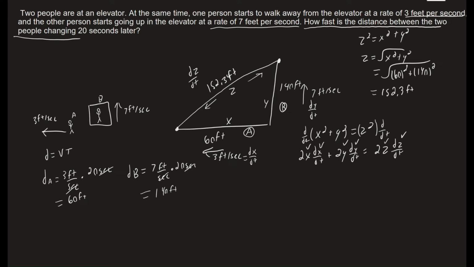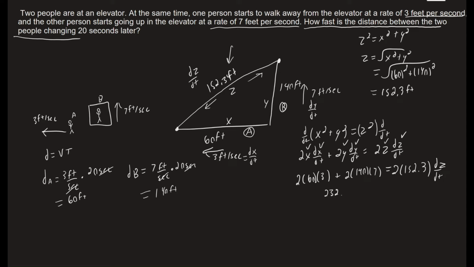So let's start plugging in some numbers. 2 times 60 times 3 plus 2 times 140 times 7 equals 2 times 152.3 over here times dz over dt. So let's start plugging that in.